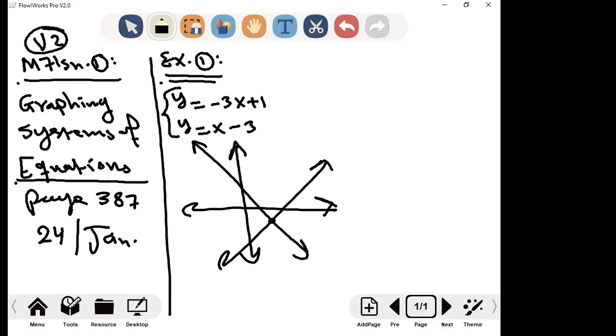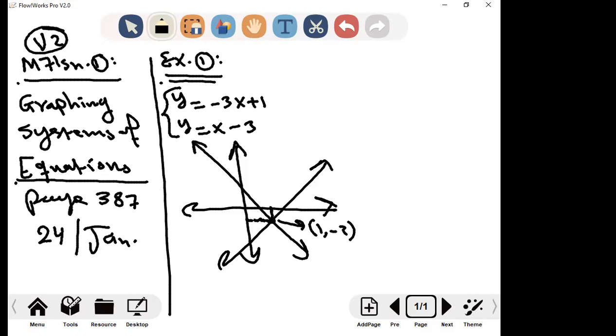This intersection point has x and y, right? What's the x of the intersection point? From the intersection, find x. What's the x here? It is 1. And what's the y here? Negative 2. So this point here is 1 and negative 2. This intersection point is the solution of the system.